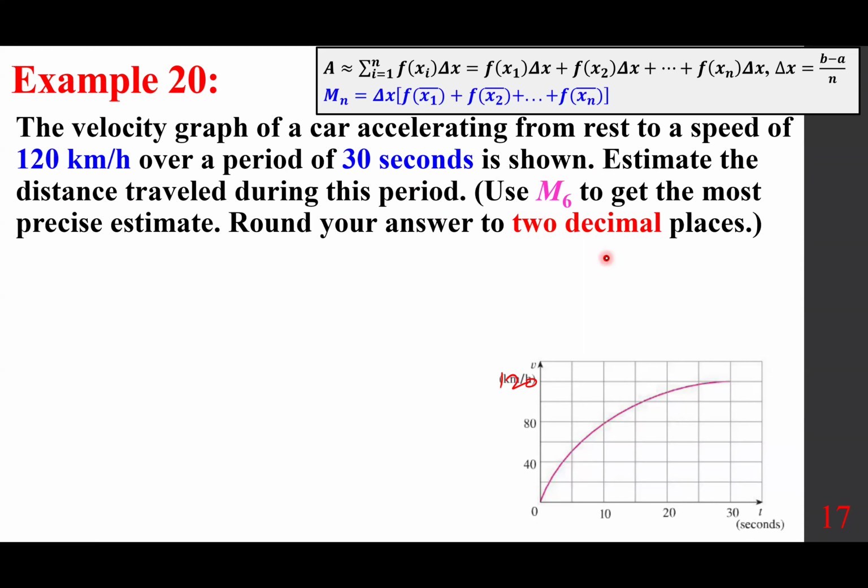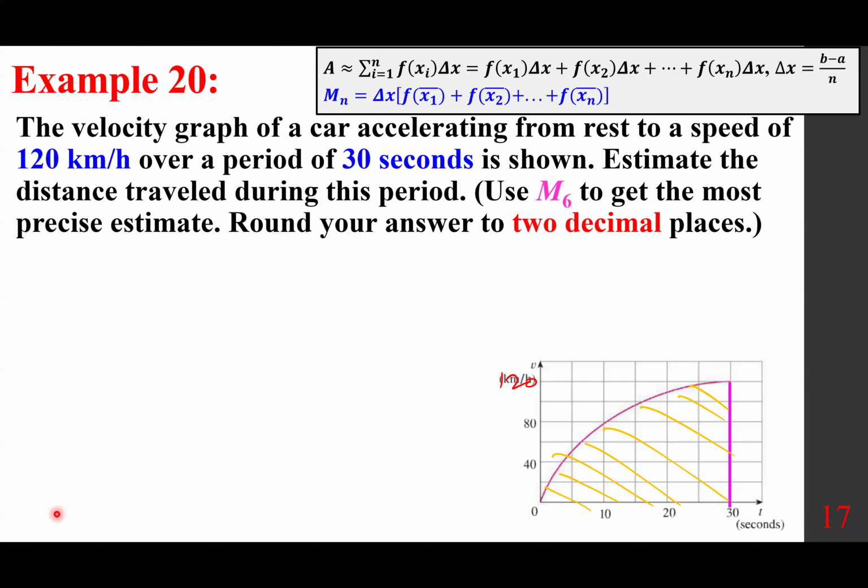First and foremost, that means we want this area. So we are looking for this area, and this area represents the total distance covered. So first, let's go with delta x, b minus a over n.